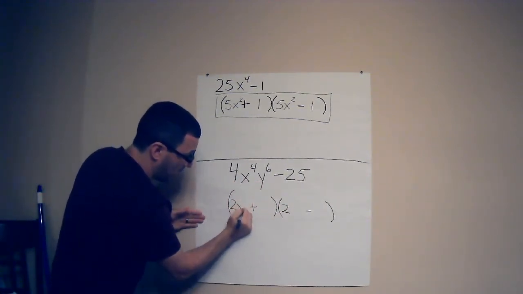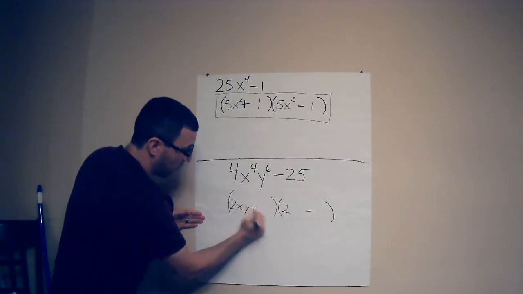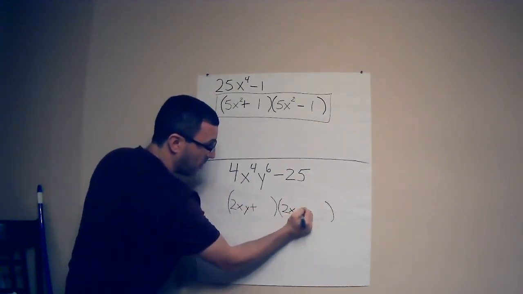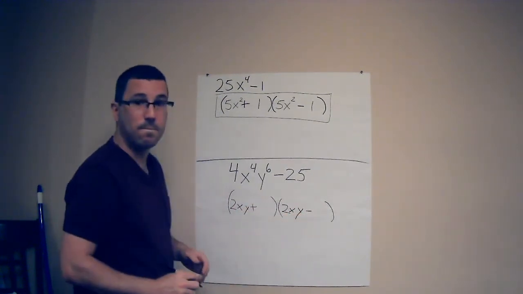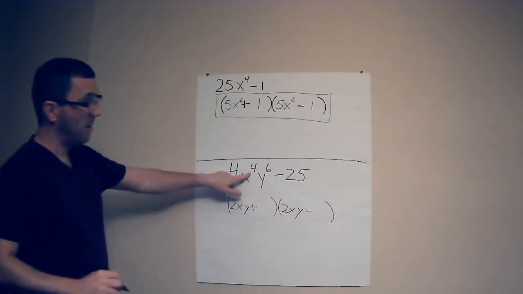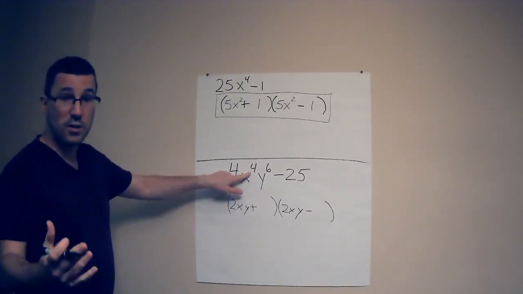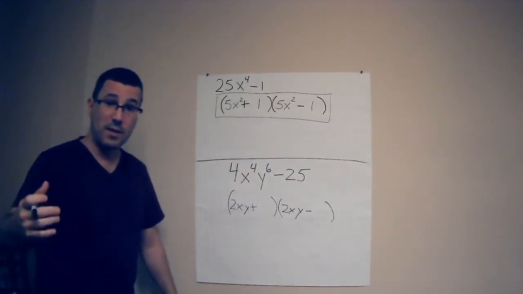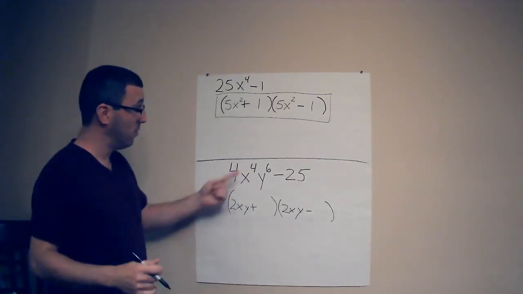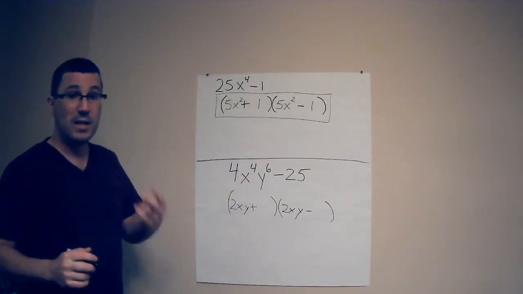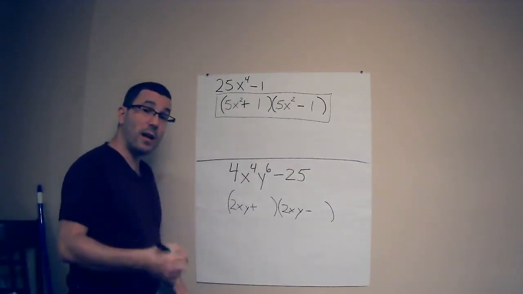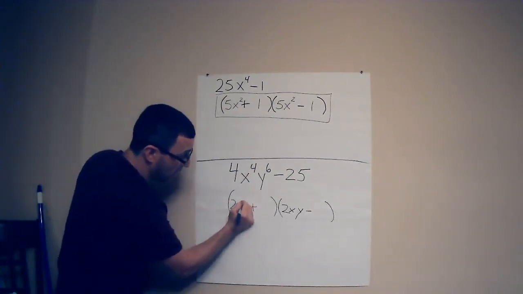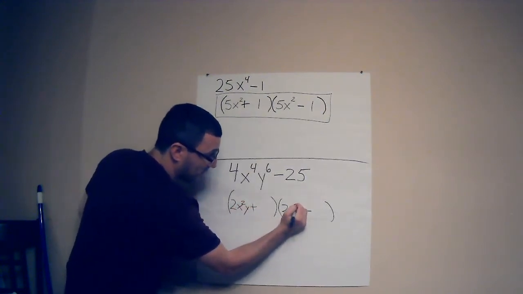I'm going to write those down right away. Okay? For the 4, I'm going to take the square root, and when I have exponents, I divide by 2. So 4 divided by 2 is 2. So I'm going to write an exponent of 2 on each of my x's.